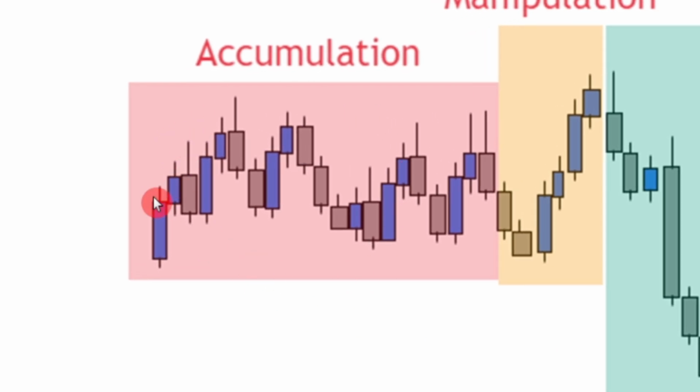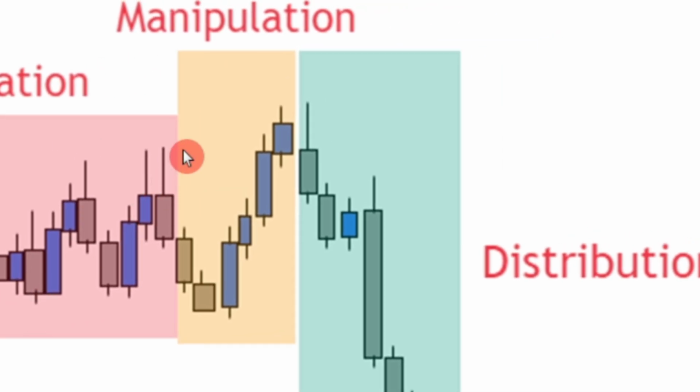Accumulation is where the market consolidates or ranges. It's a period of balance where liquidity builds up on both sides, with buy stops resting above the highs and sell stops below the lows. Then comes manipulation, where price breaks out of that range, but deceptively. It takes out traders that are positioned too early, triggers breakout entries, and sweeps liquidity on one side of the market.